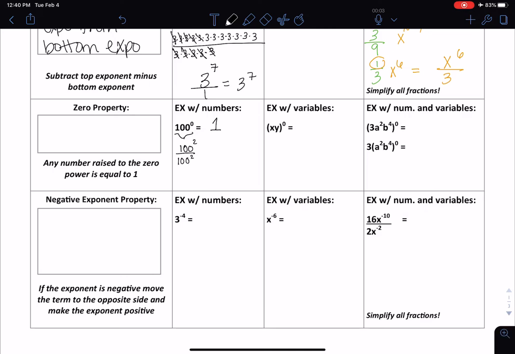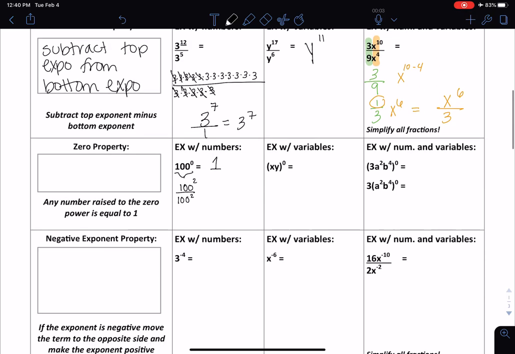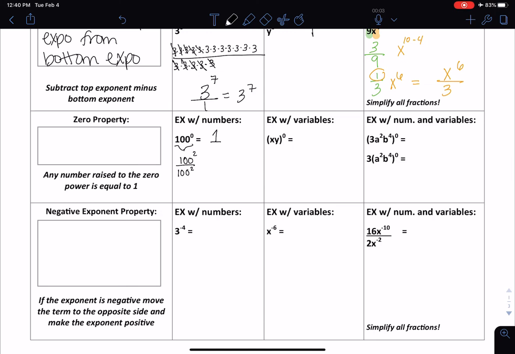Okay? From our previous division property, we found out that we can expand that to have 100 times 100 over 100 times 100. Okay? And we cancel out. This cancels out with this, and this cancels out with this.